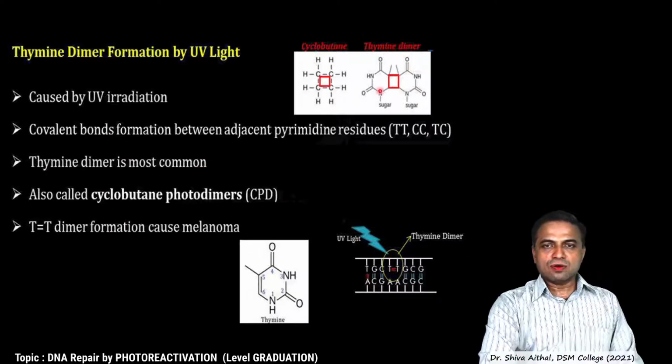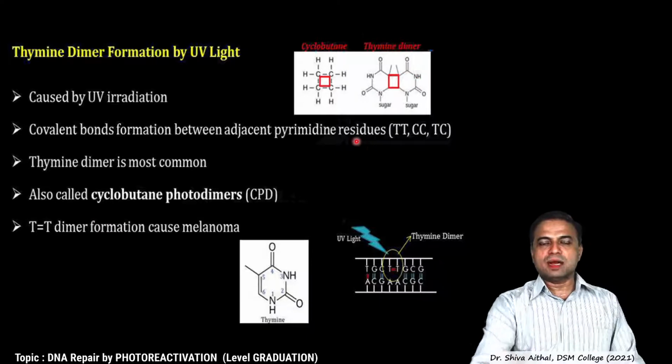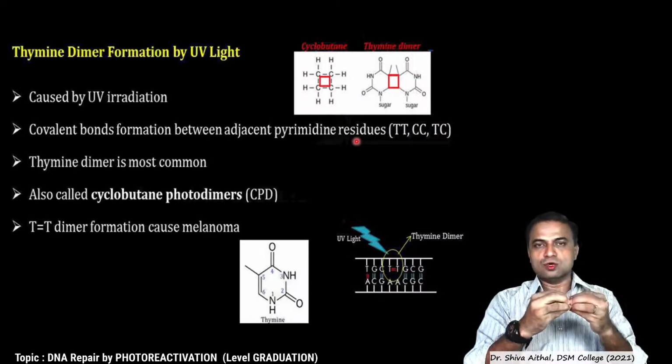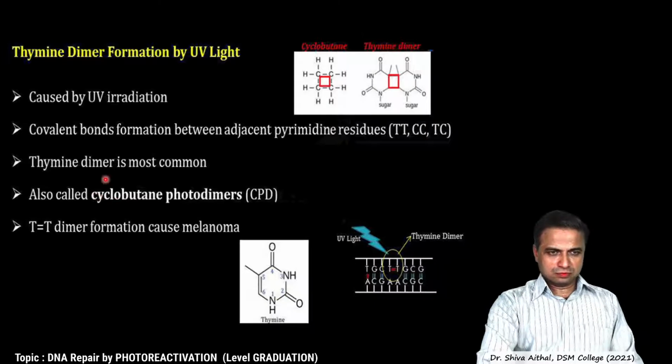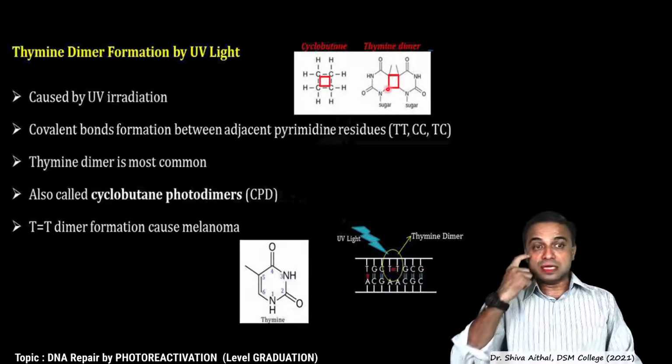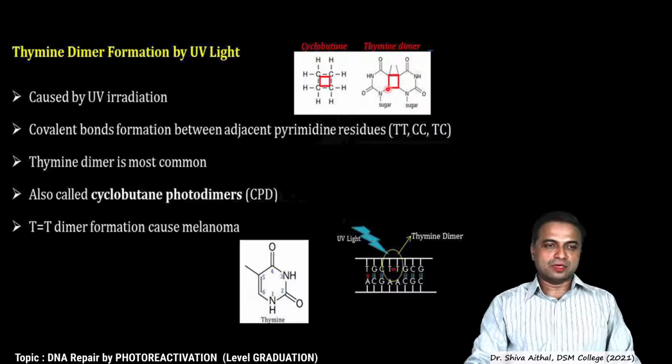All these are attached to each other by the two sugar molecules, they form a cyclobutane ring. Remember this ring is called a cyclobutane ring, and such dimers are called cyclobutane photodimers. You have to remember these terminologies.